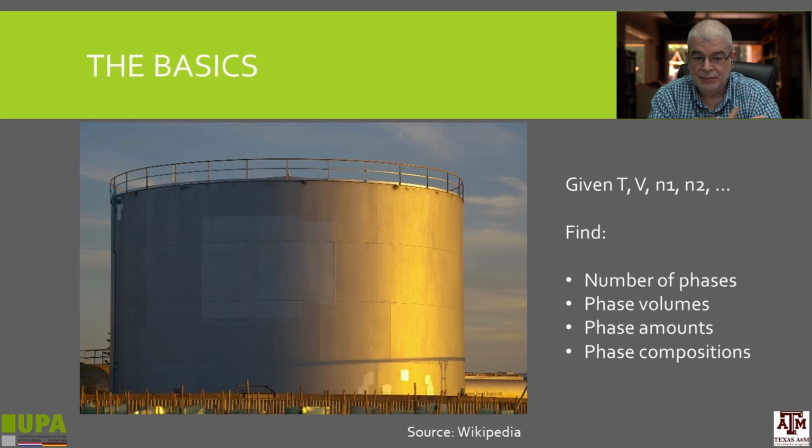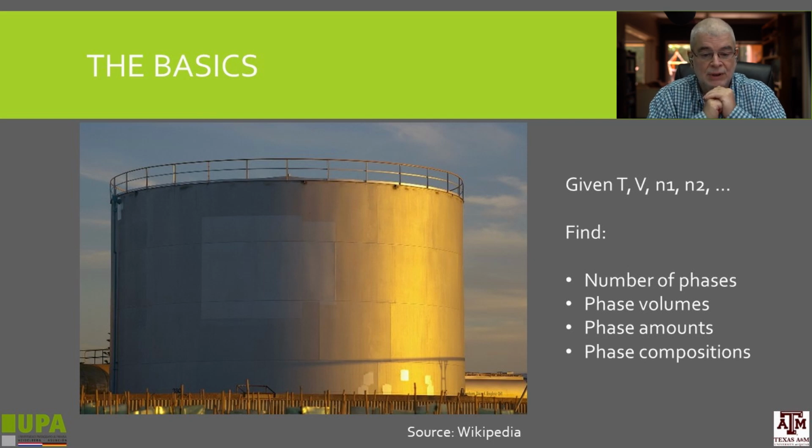And then you might be interested in calculating many properties. First of which, the number of phases, and I emphasize the number of phases because it will be important for the discussion of stability analysis in a few minutes.